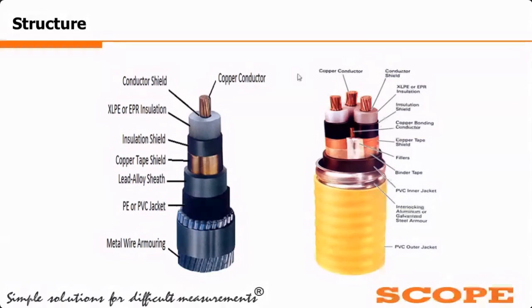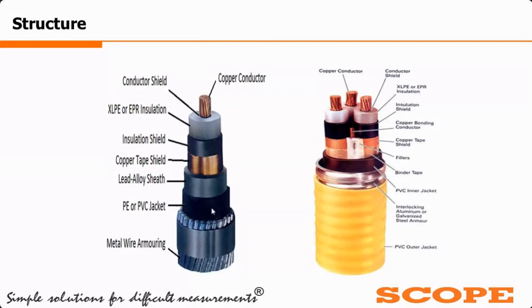Next, an armor is provided on the outer side of the cable. The cable armor is mainly made up of steel or aluminum conductors. But due to the magnetic properties of steel, it easily undergoes overheating.